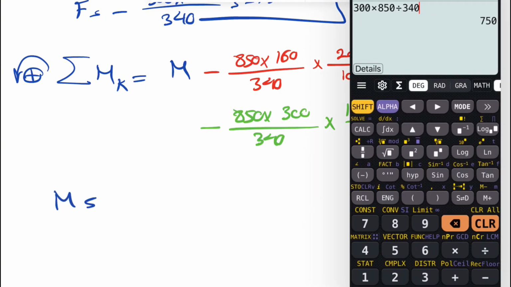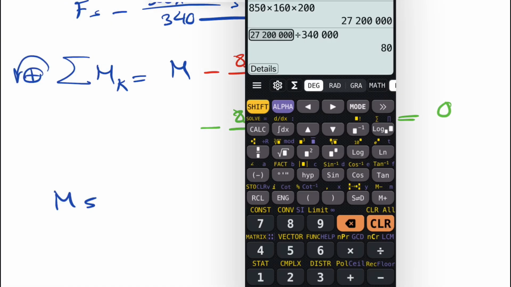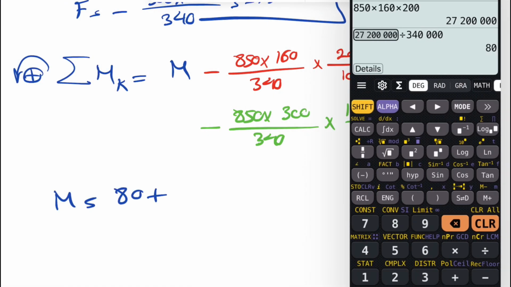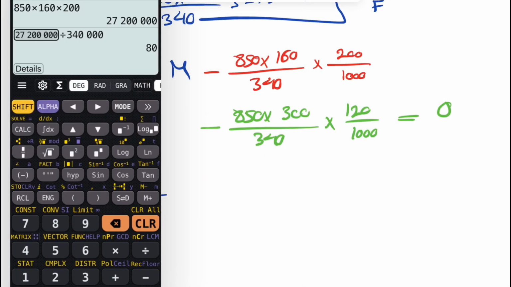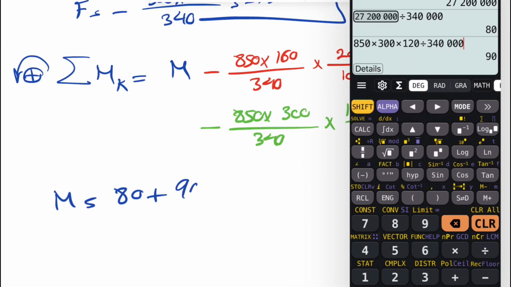So our M would be 850 times 160 times 200 divided by 340 times 1000, so it's going to be 80, plus 850 times 300 times 120 divided by 340 times 1000, which is 90.